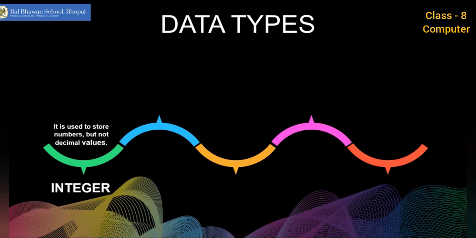First is integer. It is used to store numbers but not decimal values. If you assign a decimal value, then it will round off. The next is long. It is quite similar to the integer, but its range is high, which means it can store much bigger and higher values as compared to integers.